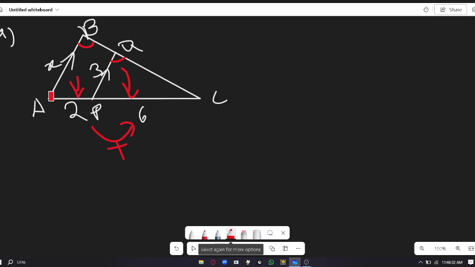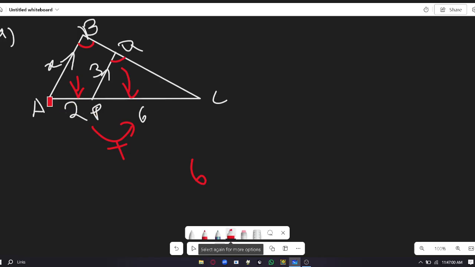So we have A, P, Q, C. Opposite is 6 divided by A, B, C. Its opposite is 2 plus 6. Remember one thing, if it's 2, I'm not only accounting for this 2, I'm also accounting for the total length.